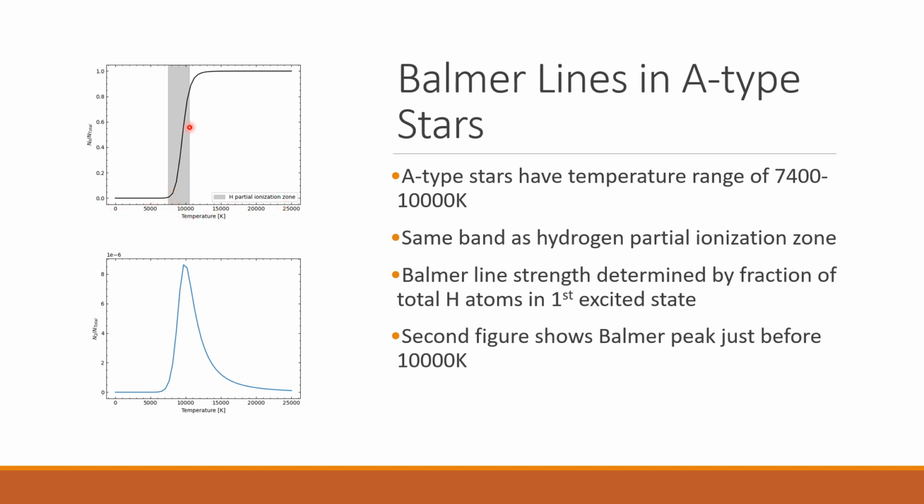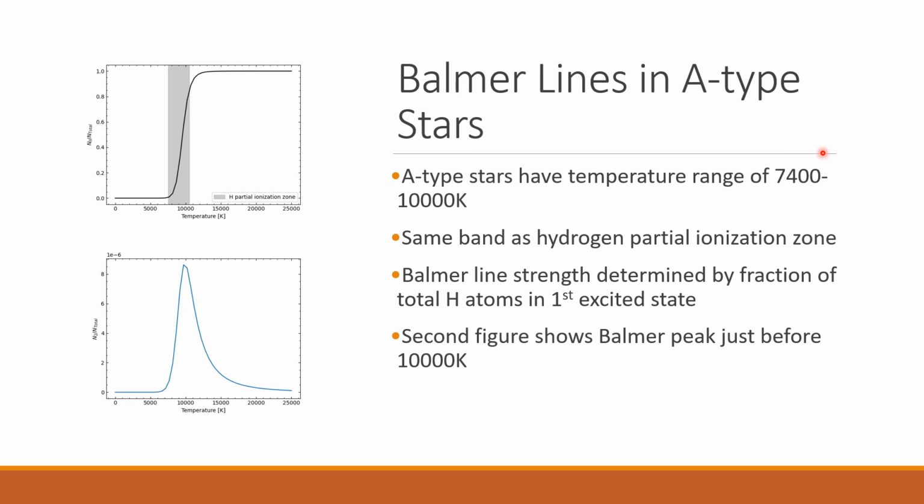This is the same hydrogen plot, but now by itself and with this zone in gray. This is the region in which we have hydrogen that's only fractionally ionized out of the total population. So it turns out if you want Balmer lines, it's determined by what fraction of your total H atoms are in the first excited state. Recall that on the last slide we saw the other excited states start to supersede our first excited state towards the higher temperature range.